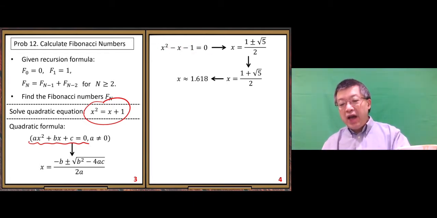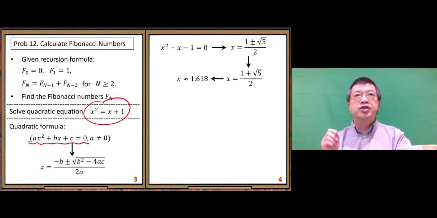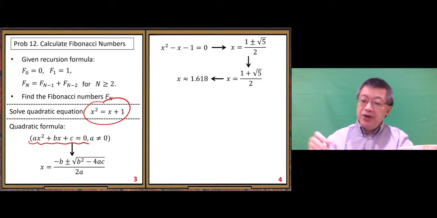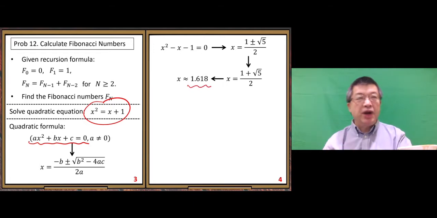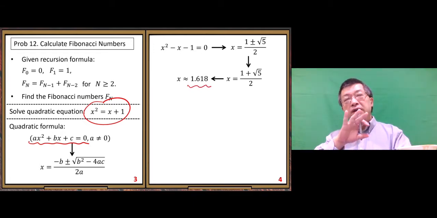We can estimate its value approximately: 1.618. It is not a rational number because you have a square root of 5, so we cannot use the decimal expression to write its value exactly. We don't need to.